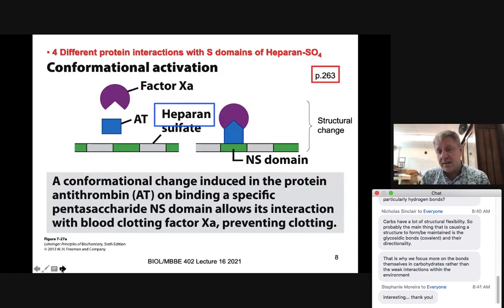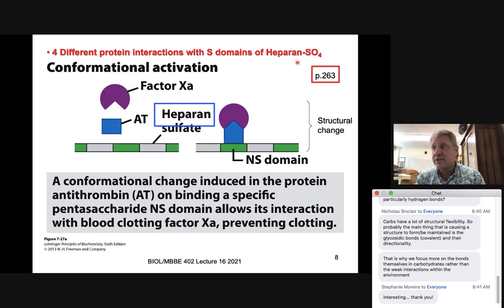Here we see the interactions occurring in a system that I know very well, the antithrombin III component, changing its structure based on its interaction with these proteoglycans. In this case, there are four different proteins that interact with this sulfur domain of the heparan sulfate to cause a conformational change.